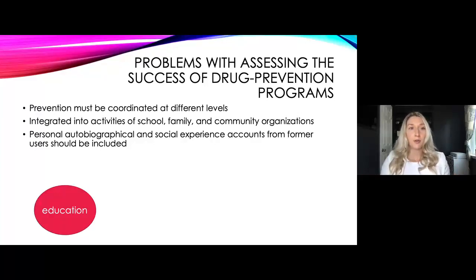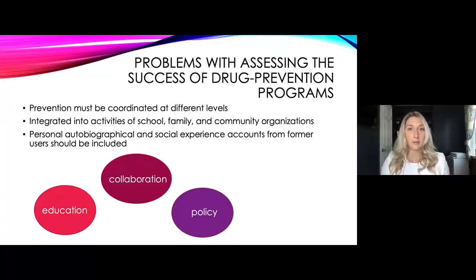And we have these different components here. So you have education. Again, you have collaboration, policy, and research. So we should have research to advance policy and intervention efforts. We should also be educating the communities and policymakers, recognizing that substance abuse prevention is going to be intrinsically tied to other outcomes.